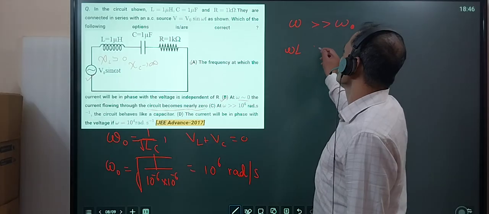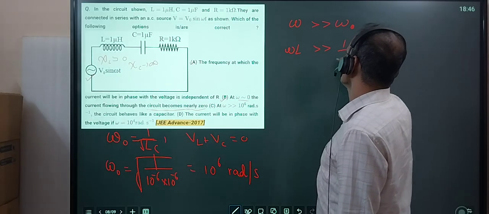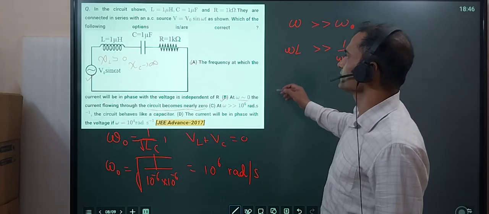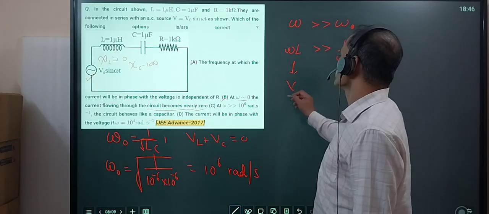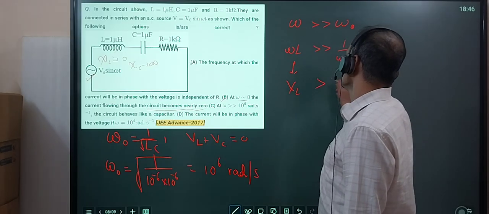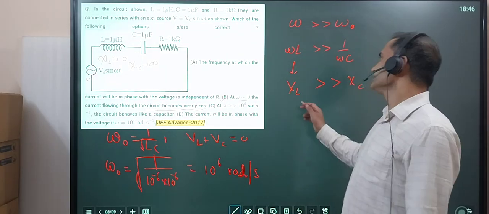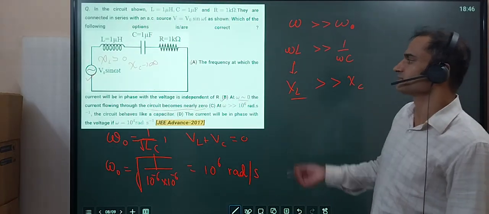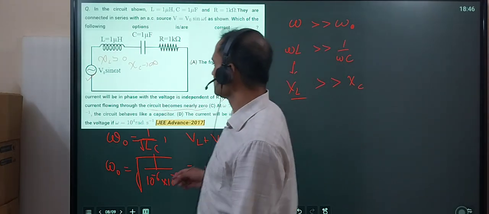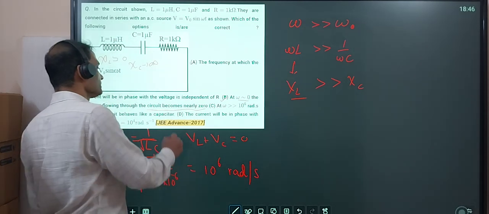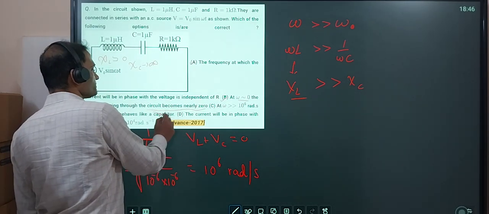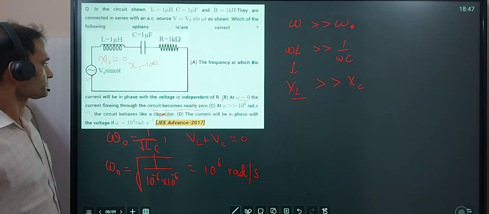Omega L will be very large compared to 1 by omega C, and this will be very large compared to XC. So this will act like an inductive. It will become inductive, not capacitive. Okay, it will behave like an inductor, not capacitor.